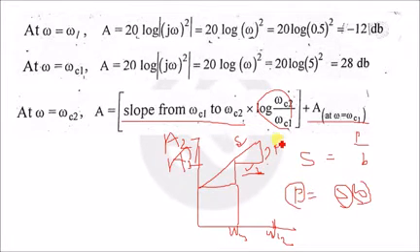Then why this? P, do I know P? Do I know this? No, I know only this point. I want to find this point. So what is the difference between these two? The difference is, I can write P equal to gain at omega 2 minus gain at omega 1.